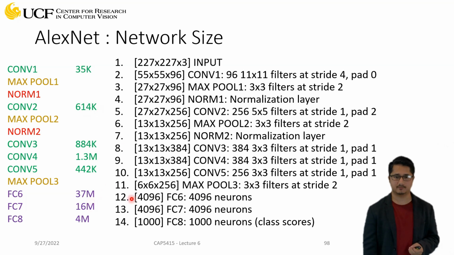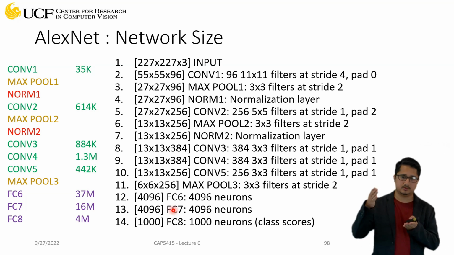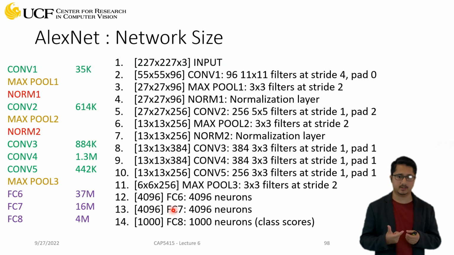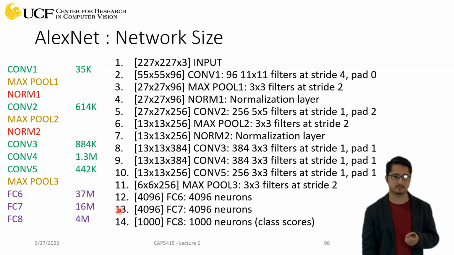But that's not happening when we have these fully connected layers. For each connection between a neuron in your input layer and a neuron in the next layer, you have a different weight. So that weight is not being shared, and that's causing a huge jump in the number of parameters required to train in these fully connected layers. Right? So you can see the majority of the weights are actually coming from these fully connected layers.